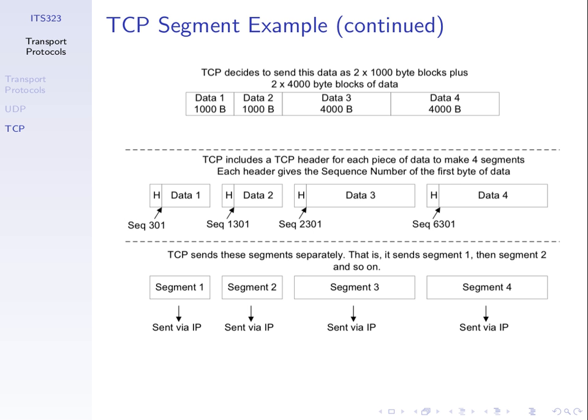So we see the header attached and then delivered across the internet. So we can think we've got 4 IP datagrams that are going to be sent across the internet. Each are TCP segments, so they all have their own header. And importantly, the sequence number in that header is the byte number, or the number of the first byte in that segment.